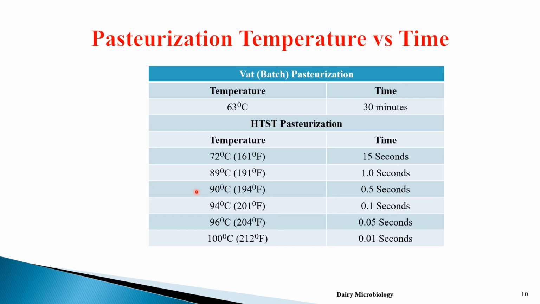A temperature of 90 degrees Celsius further reduces the exposure time to 0.5 seconds. When the temperature used is 94 degrees Celsius, then the exposure time will be 0.1 second. 96 degrees Celsius reduces the exposure to 0.05 second, while only 0.01 second of exposure is needed when the heating temperature is 100 degrees Celsius.